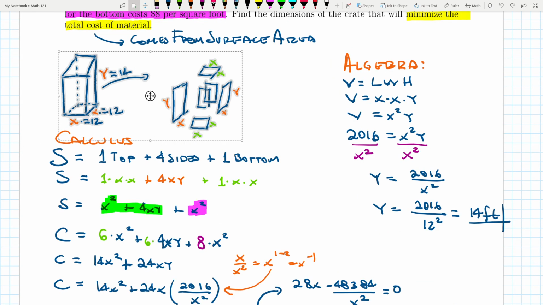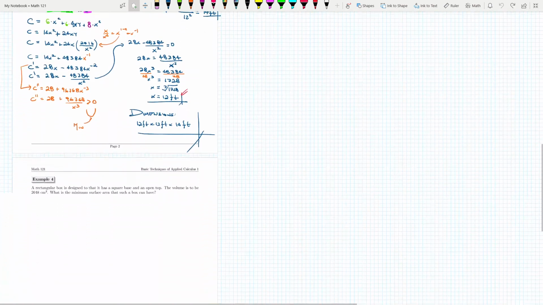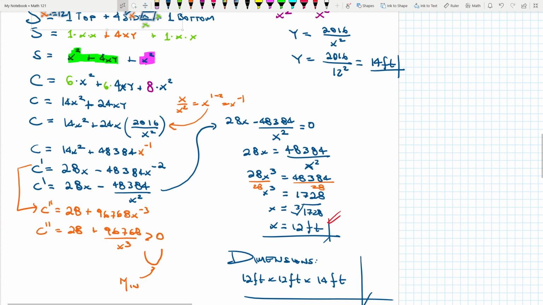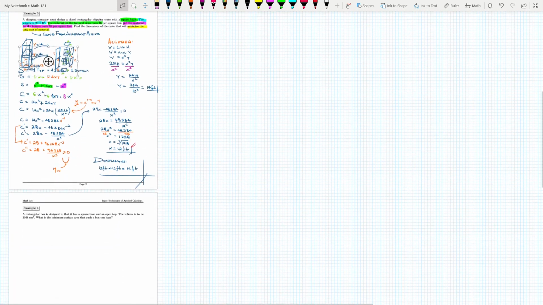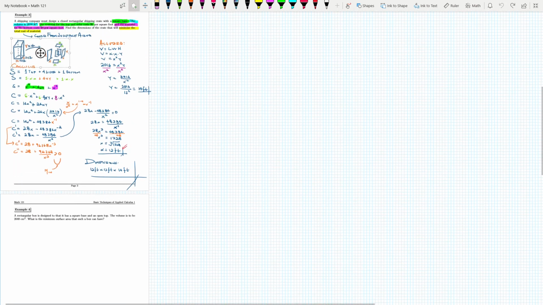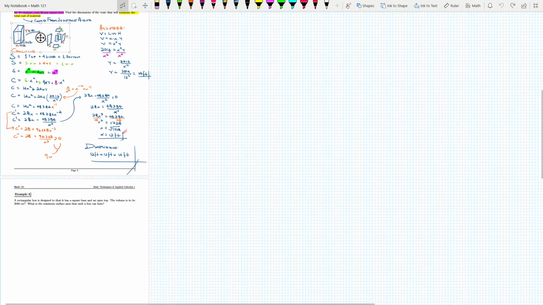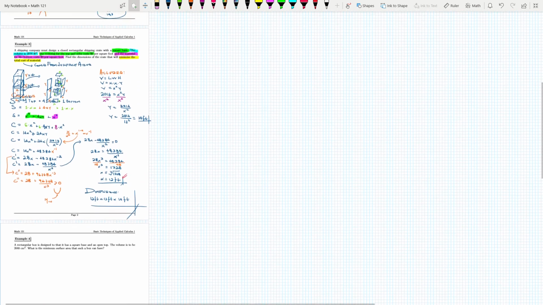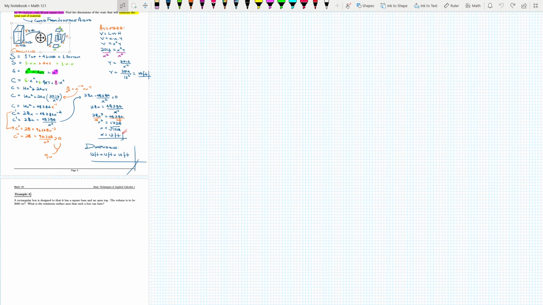I want to paste it here on example 4. Looks like I can't just do that. Let's paste. No, I can't. Control paste. No, it doesn't let me.